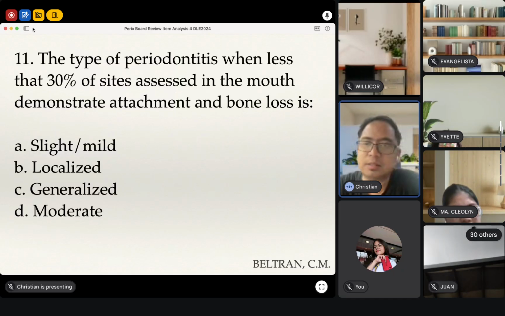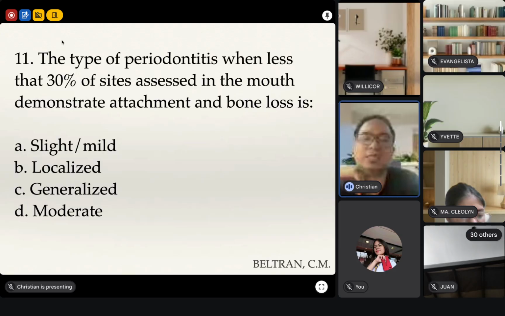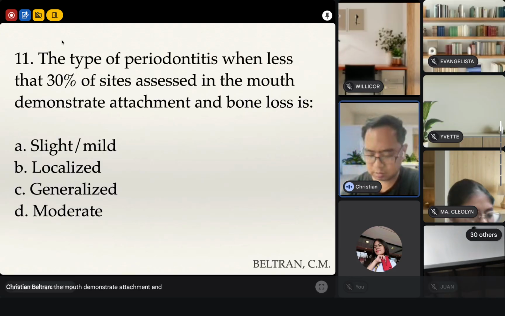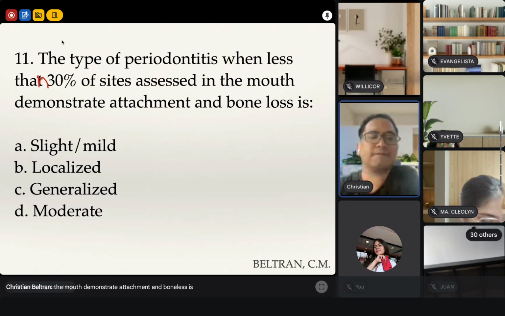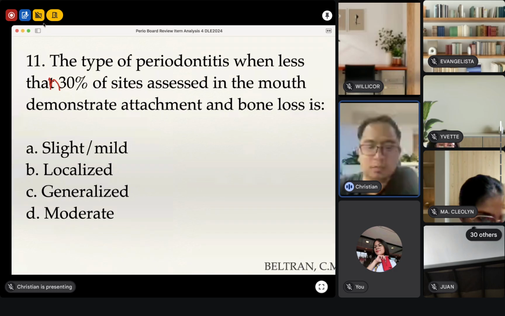Number 11. The type of periodontitis when less than 30% of the sites assessed in the mouth demonstrate attachment and bone loss is less than 30% of the sites.